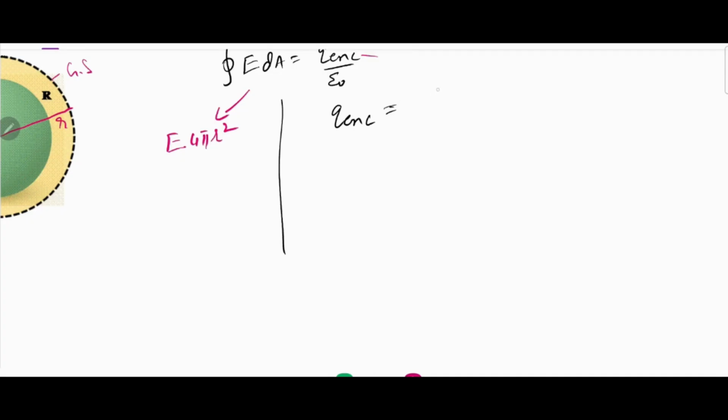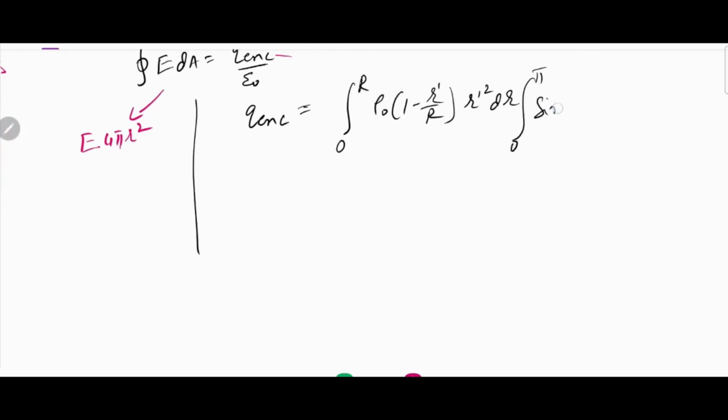Let us see. So here we will write the integral 0 to capital R rho naught into 1 minus small r dash by capital R, r dash square dr, and 0 to pi sin theta d theta, 0 to 2 pi d phi.